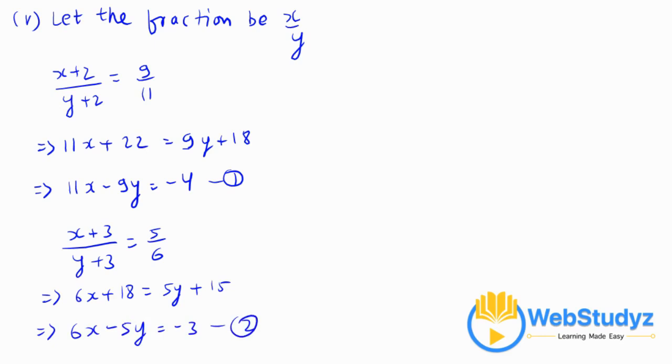This is our second equation. Now from first, we can write that x equals minus 4 plus 9y divided by 11. This is our third condition.